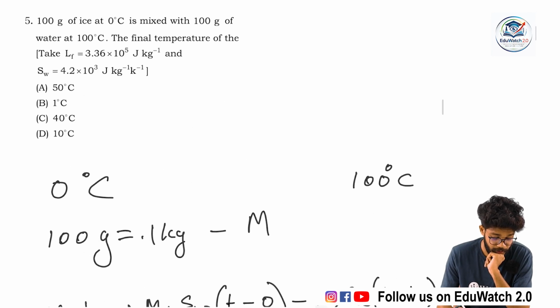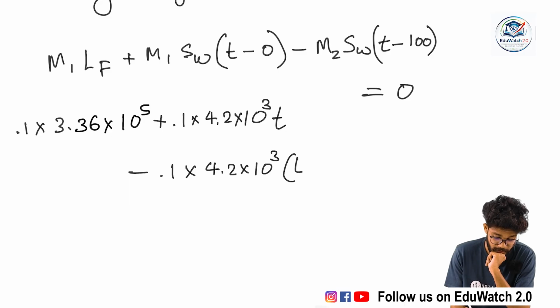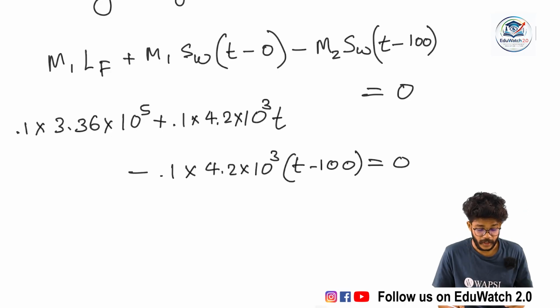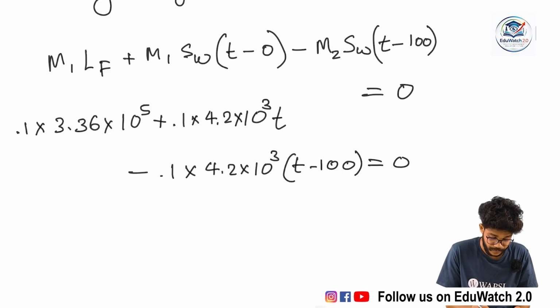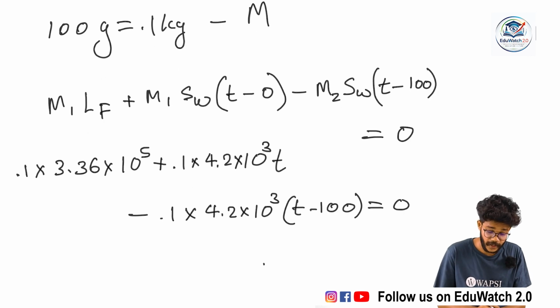SW is 4.2 into 10 raised to 3, into T, minus M2 which is 0.1 into SW, 4.2 into 10 raised to 3, into T minus 100, which is equal to 0. Just open the bracket and multiply in this equation. So 0.1 into 3.36 into 10 raised to 5 plus 0.1 into 4.2 into 10 raised to 3 into T minus 0.1 into 4.2 into 10 raised to 3 into, not T minus 100, 100 minus T.